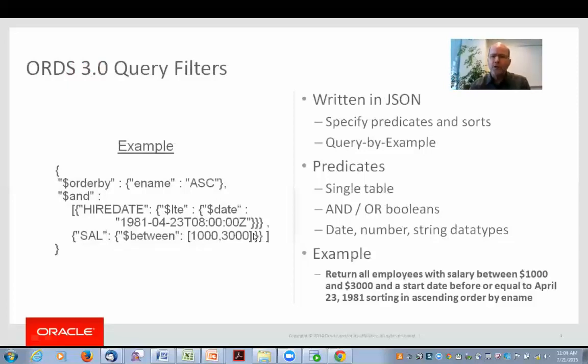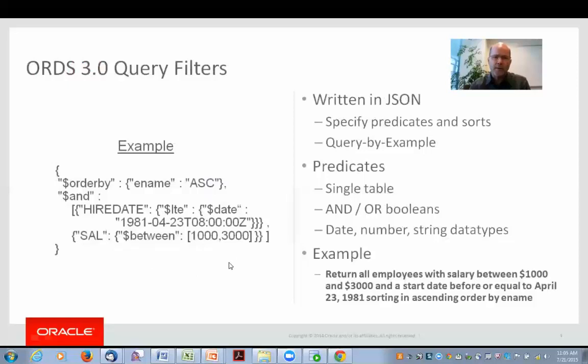Key thing to know is it only works on single tables, not multi-tables yet. But it does basic things and quite powerful things. So it works with date, number, string data types, about a half dozen operations for each one, and does basic Boolean and or operations.